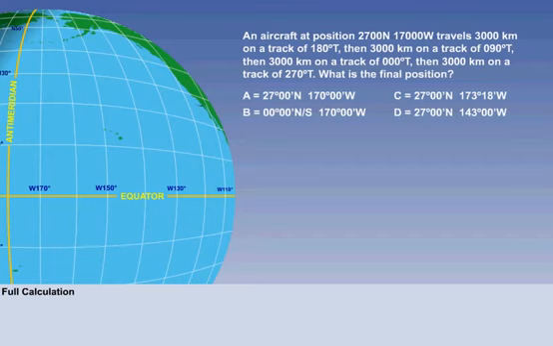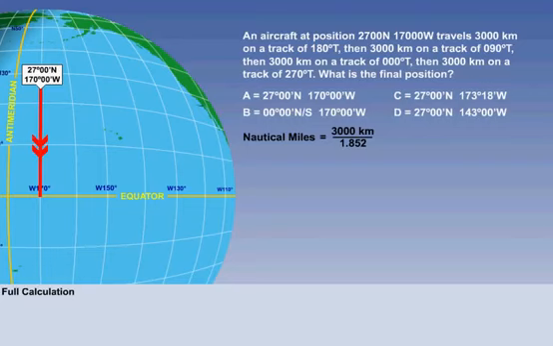We are at 27 north and we fly 3,000 kilometers south. We need to know the new latitude, so we need to convert kilometers to nautical miles and work out the change of latitude. So we need to divide by 1.852, which gives us 1,619.87 nautical miles.